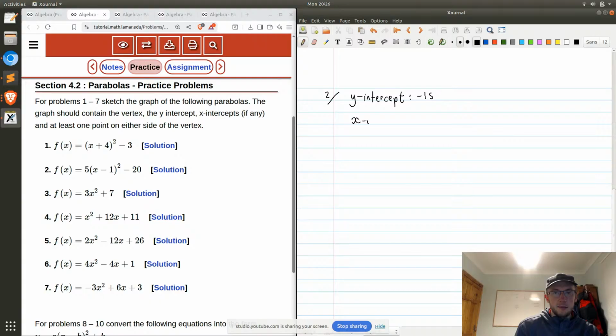The x-intercepts, now I think I can get them quickly as well, because I visualize it being set equal to 0, move the 20 over, divided by 5 to get 4, square root that to get plus or minus 2, and then move the 1 over. So 1 plus or minus 2, that would be -1 or 3.